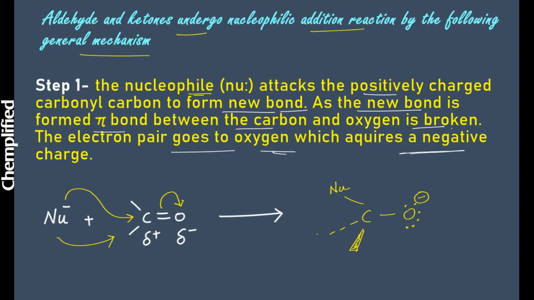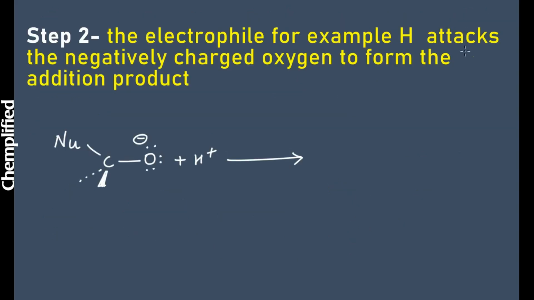Now what happens next is step 2. The electrophile, for example H plus, attacks the negatively charged oxygen to form the addition product. Any electrophile that has the ability to accept electrons, in our case H plus, will attack the negatively charged oxygen atom that has an extra lone pair of electrons.